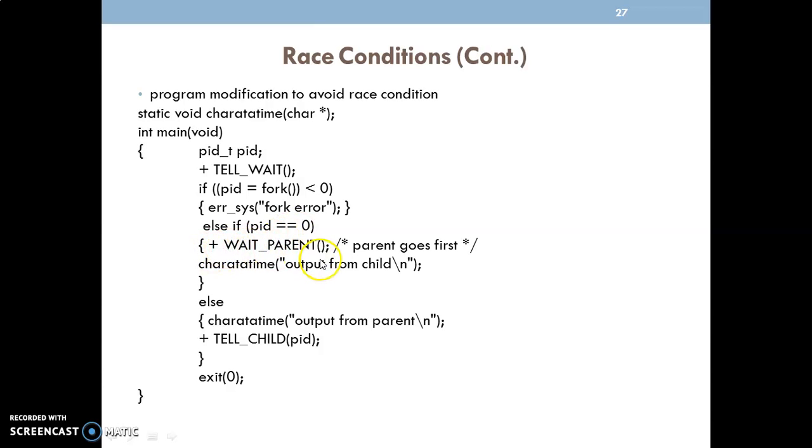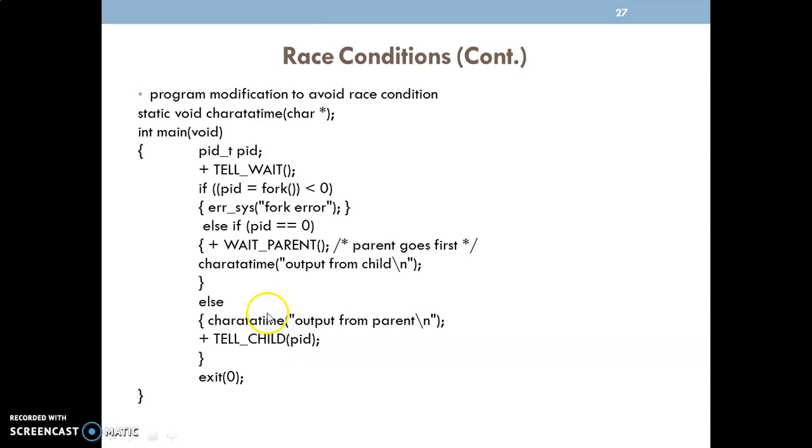Here WAIT_PARENT is the communication we give the child: currently the parent is executing, so the child should wait until the parent completes its task. As I add the statement TELL_CHILD, the parent, after completing its task, sends a message to the child that it has completed its task and the child can now start. This way we can make the communication using WAIT_PARENT and TELL_CHILD. The reverse is also possible.